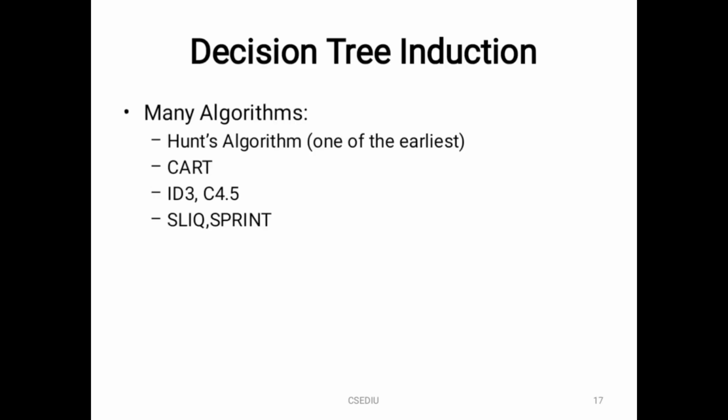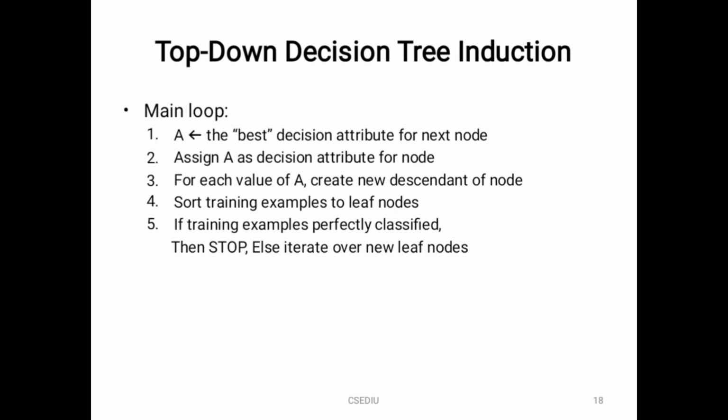Decision tree induction: Hunt's, ID3, C4.5, SLIQ and SPRINT. Here is top-down decision tree induction. It's a main loop. A is the best decision attribute for the next node.